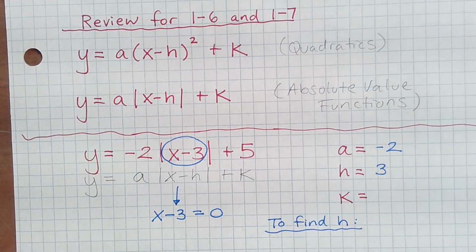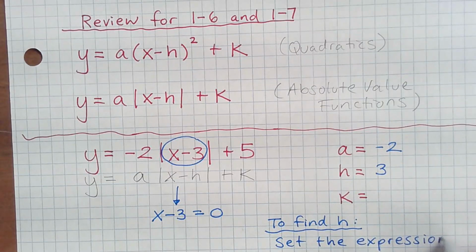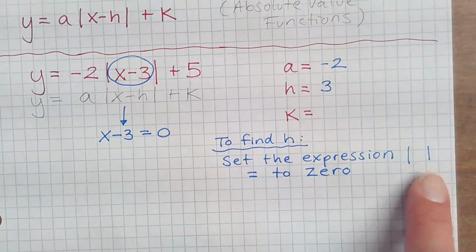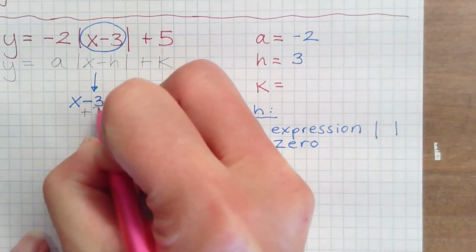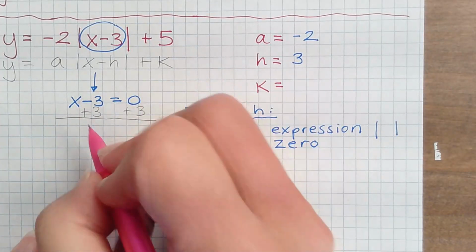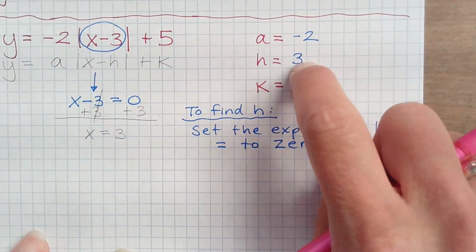I'm going to say set the absolute value expression equal to 0 and solve it. These lines mean absolute value. Okay, so we're going to go plus 3, and that is why we get a positive. So by saying x equals 3, we're really saying the h value.